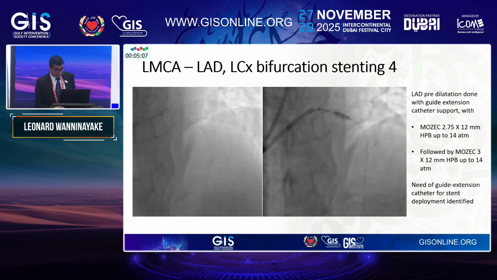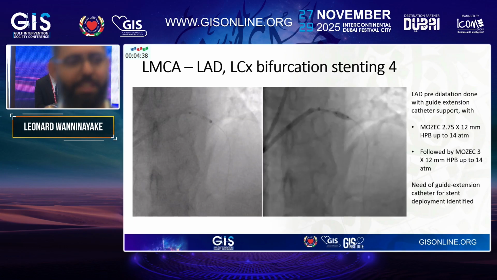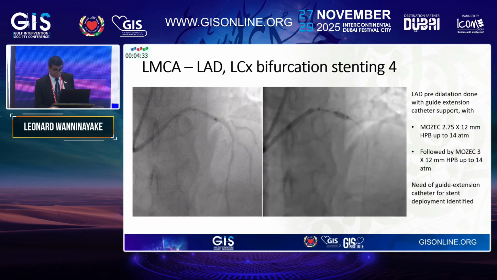We wanted to further optimize the lesion with a further high pressure balloon, but it was difficult to pass the balloon, so we had to use a guide extension catheter to pass the pre-dilatation balloons. With the guide extension, we were able to pass the 3.0 x 12 balloon, which was inflated to 14 ATM. Subsequently, we were able to deploy the stent through the guide extension.